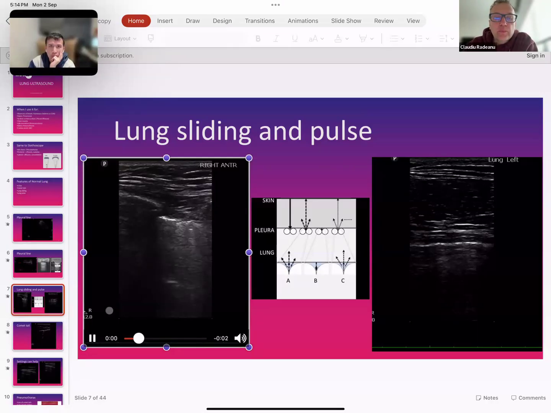Okay, so as you probably know, you have a visceral pleura, and you have an external one as well, the parietal. So the pleura has two sheets, a visceral one and a thoracic one. Now, in between, they slide, so they don't go in the same direction. You will see one going in one direction, the other one going in the opposite direction. Okay, so they slide.